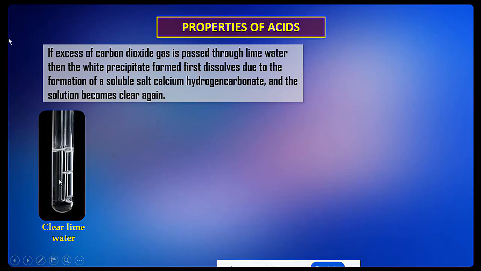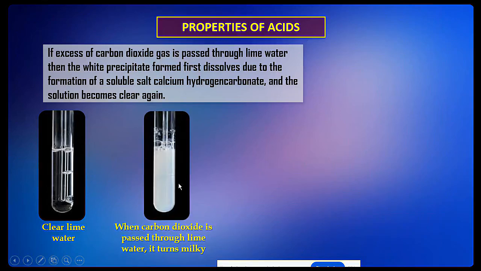Lime water is calcium hydroxide, Ca(OH)2. Once you pass the carbon dioxide, it combines with calcium hydroxide and forms a milky white solution. When carbon dioxide is passed through lime water, it turns milky.